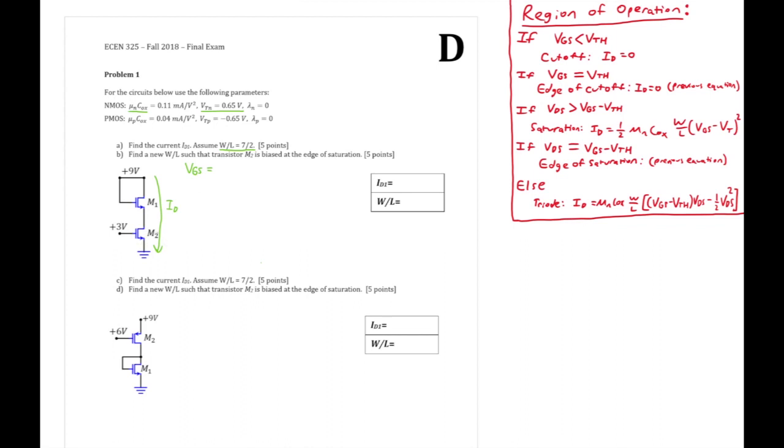So if you look at transistor M2, we can see that the gate voltage is 3 volts and the source voltage is 0 volts. So that means that VGS has to be 3 volts, which is larger than VTH of 0.65.